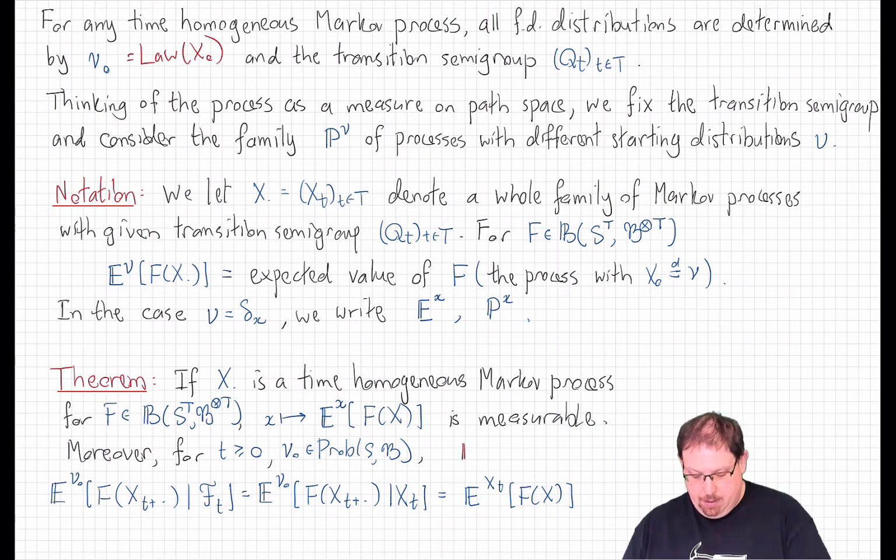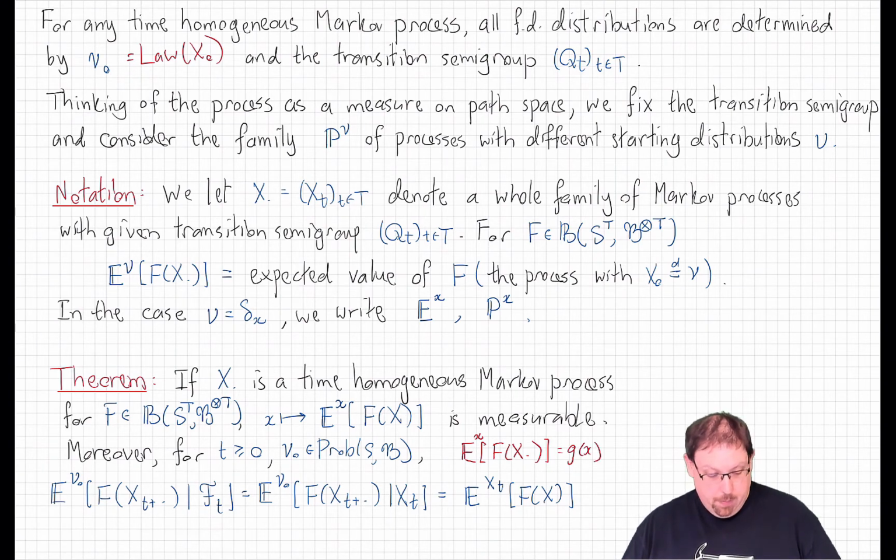If we take the regular expectation of this function of the process, starting at time 0, with initial distribution a point mass at x, that gives us a function g at x, which in the first statement of the theorem is a measurable function. This means that we take that function of xt.